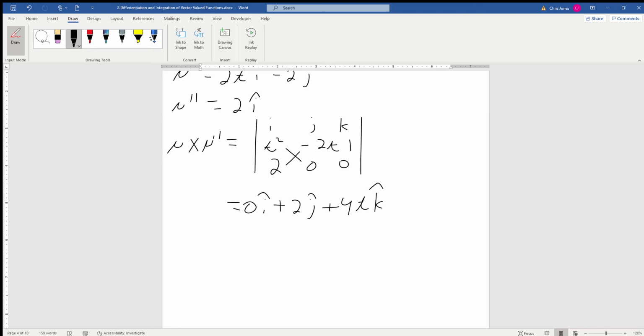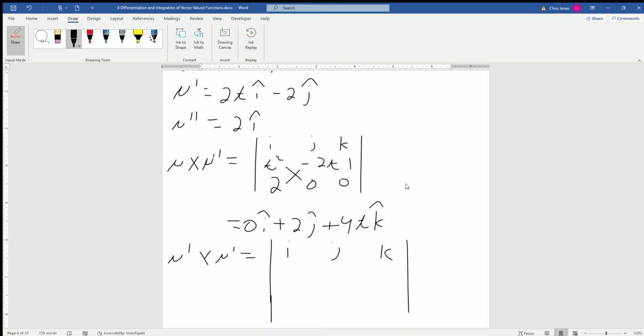Now we also need u prime cross u prime. And we're going to find something special happens with this one, although if we go back to section 3 where we talked about the cross product, this shouldn't be a surprise. So we have 2t, minus 2, and 0, and then 2t, minus 2, and 0.